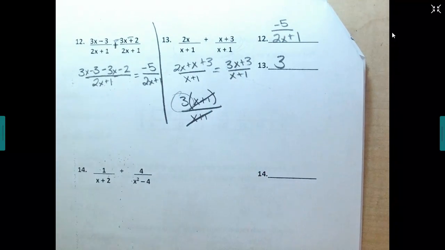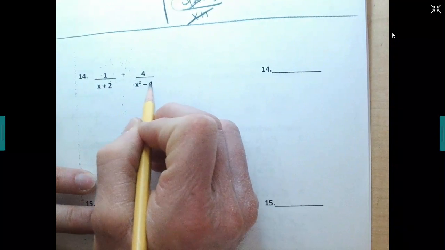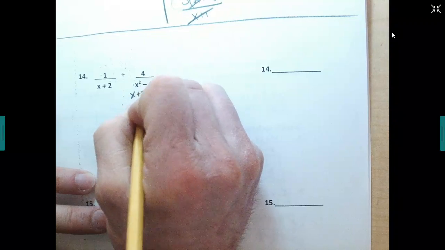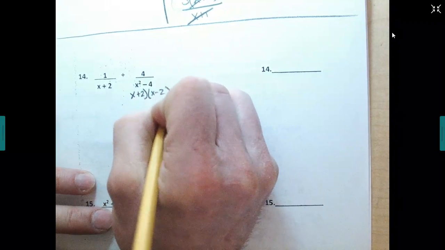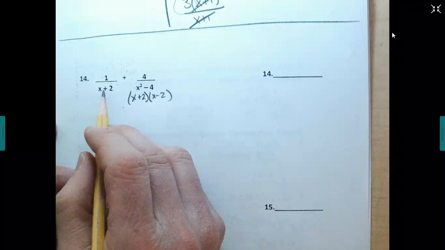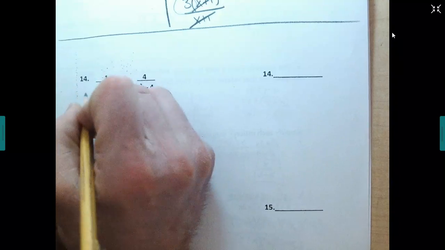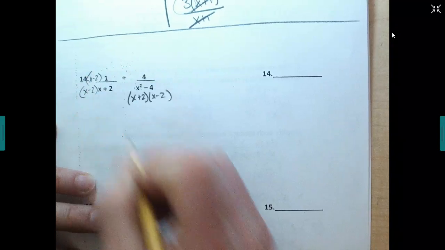3. Perfect. All right, here, first thing I notice is I have a perfect square minus a perfect square. So this is x plus 2, x minus 2. Now, to get a common denominator, since I'm adding, this one has x plus 2, so now I have to multiply it by x minus 2.